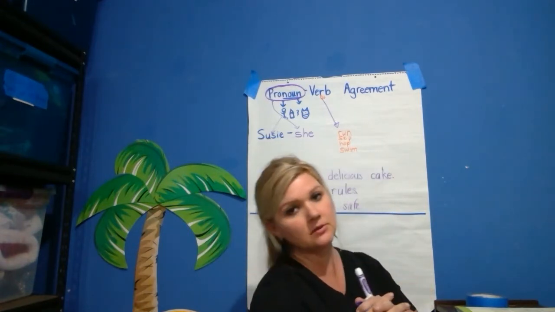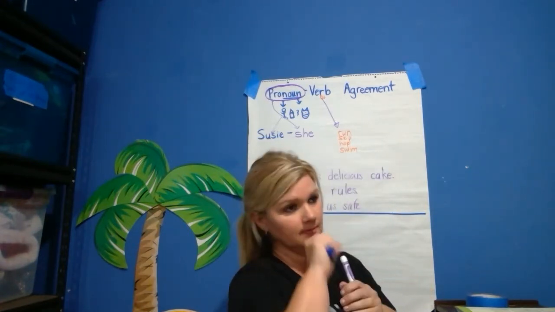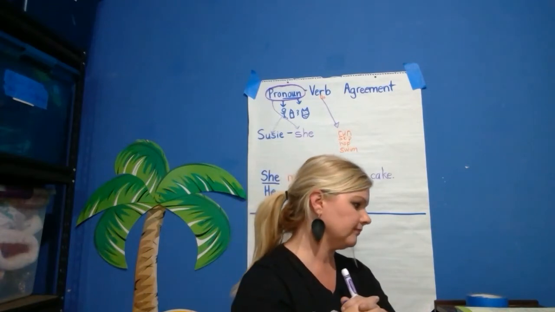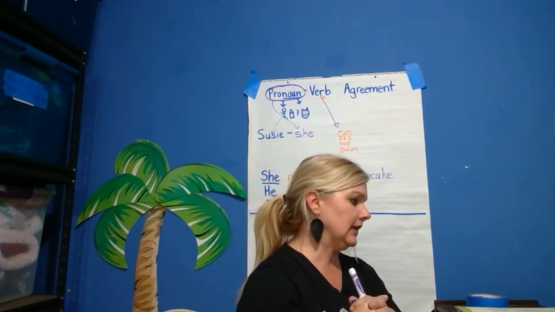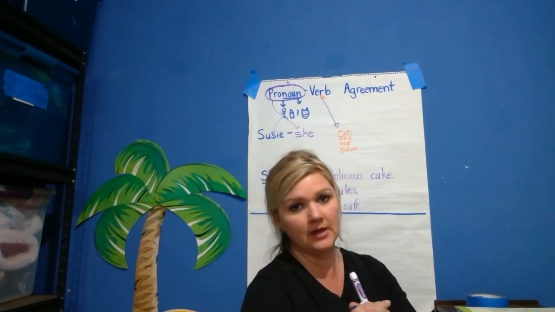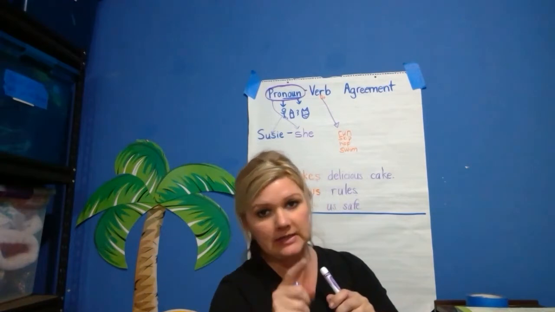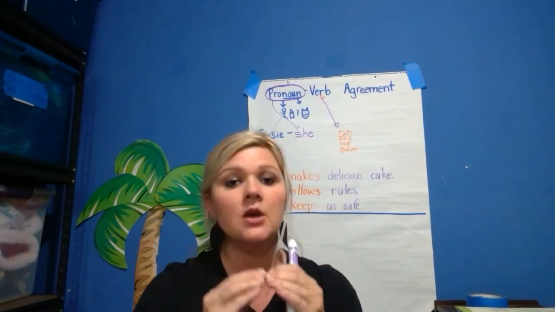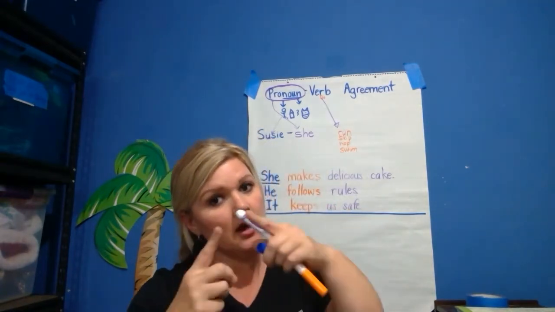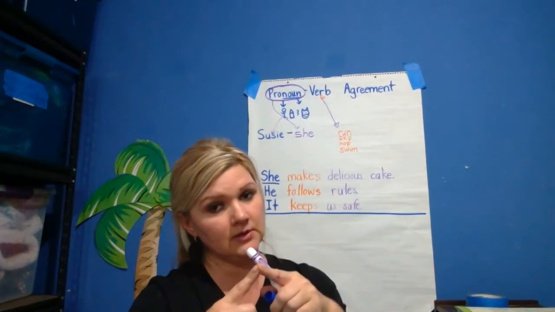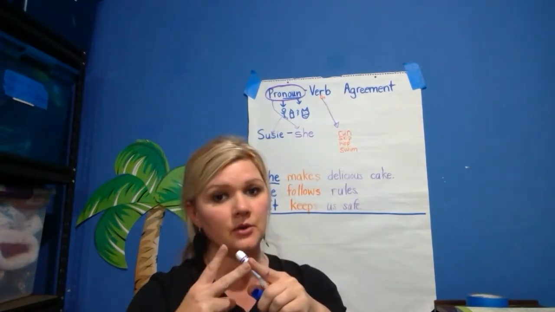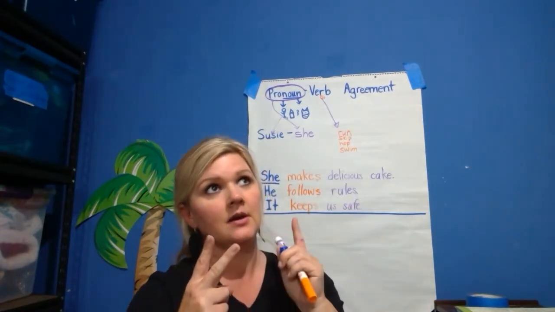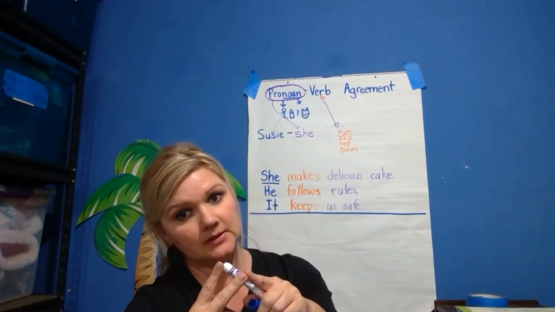But not only just doing that, I want you to underline the pronoun in there, okay? So let me rephrase that. I'm kind of getting a little jumbled up. I'm going to write 3 sentences, underline the pronoun that you see in there, and then also underline the verb agreement, okay?